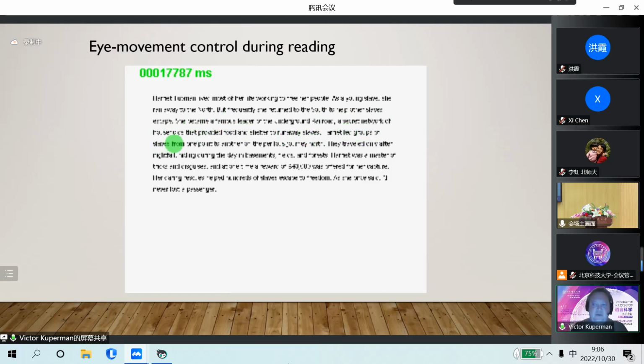Typically it's done when something is unclear or there's some kind of complexity that needs to be resolved. So what the eye tracker gives us is a very detailed record of both the coordinates, the positions of where the eye lands, and also the time frame for every eye movement, including the time that is spent on each word or line.